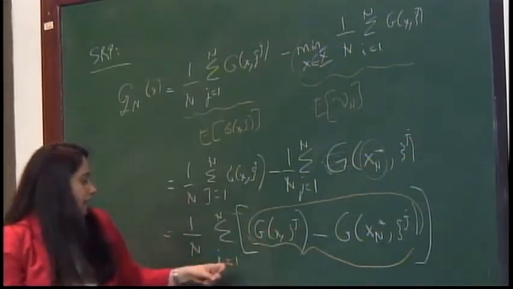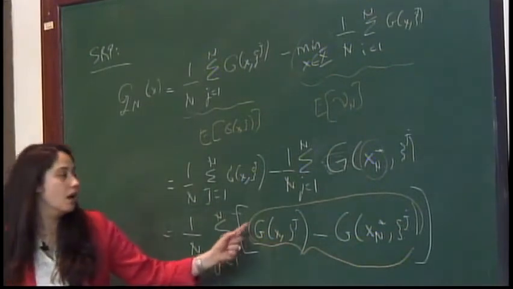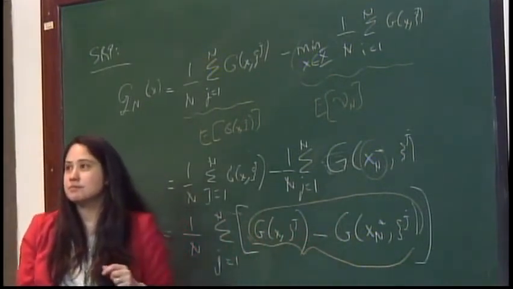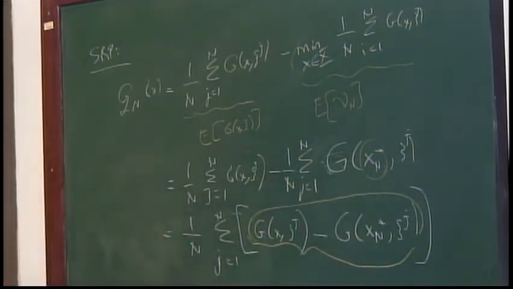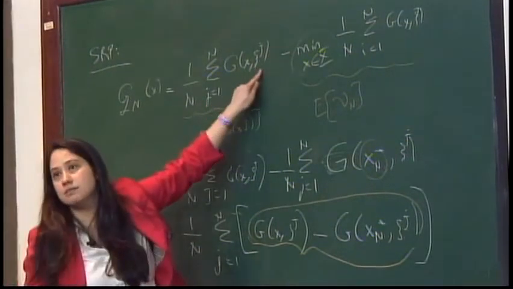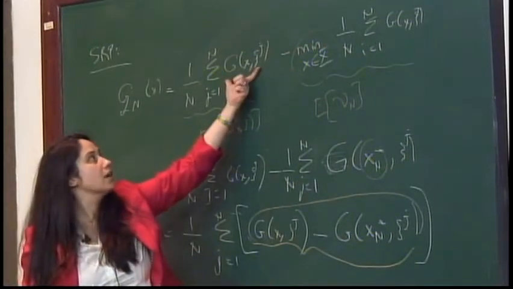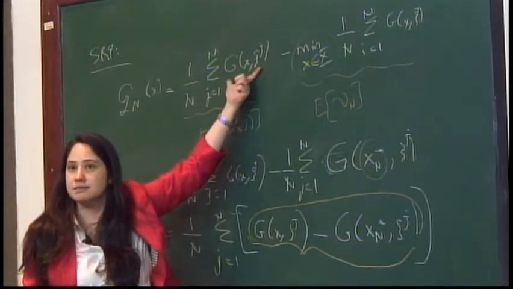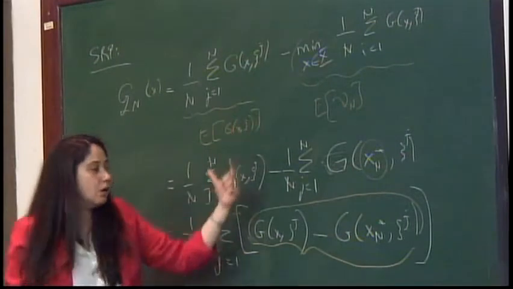For each j, 1 to n, are these differences independent? So I do crude Monte Carlo. I do IID sampling. So each Cj here is independent. Let me ask you, each one of these quantities, are they independent? Yes.